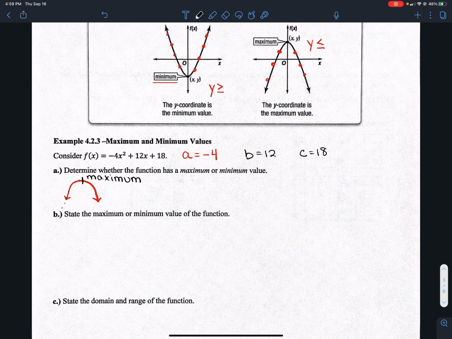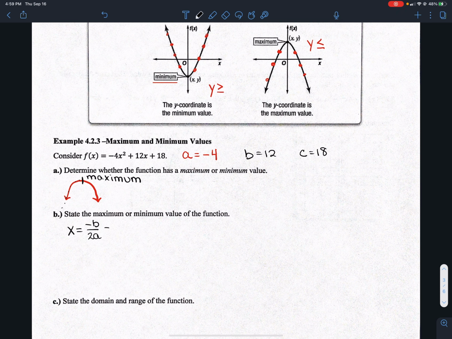State the maximum or minimum value of the vertex. That is going to be the y value. So in order to find that, I'm going to stick with what we practiced so far. Finding the axis of symmetry, and then we're going to find that y value. So for this one, we're going to go with x equals opposite b over 2a. That's going to give us the x value first.